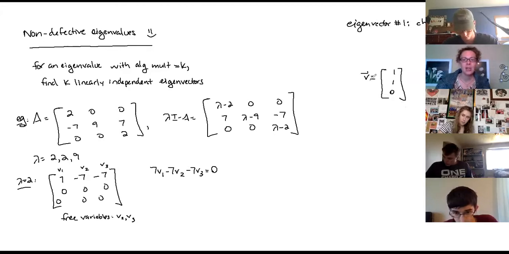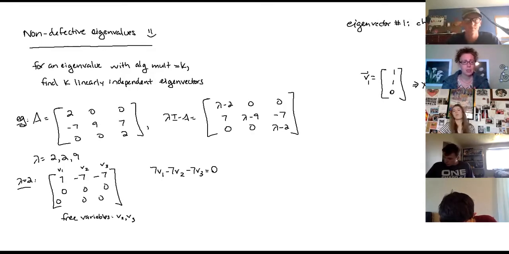We'll call this V1. And therefore, X1 is e to the 2t times 1, 1, 0. That was how I got my X1 last time. Everybody good? Nod at me, give me a thumbs up, tell me we're doing okay.